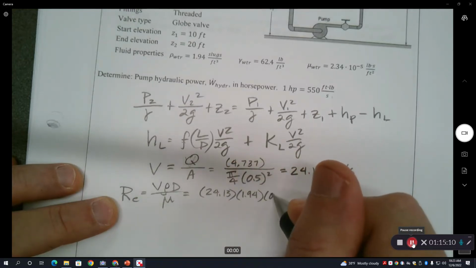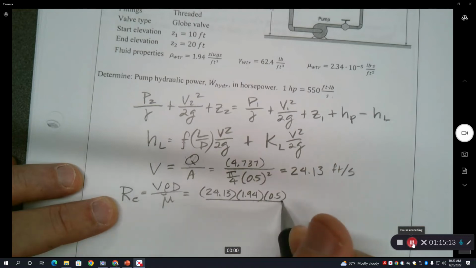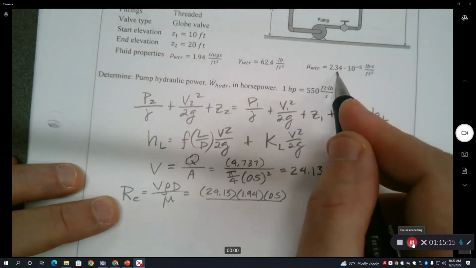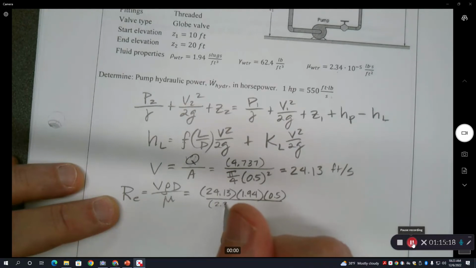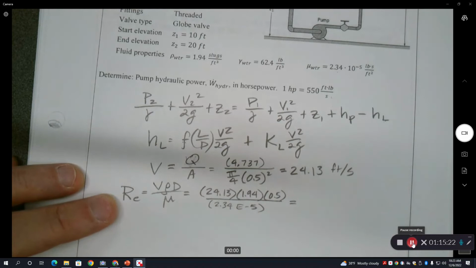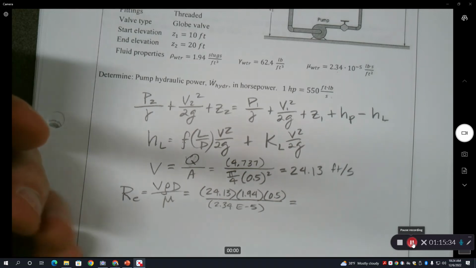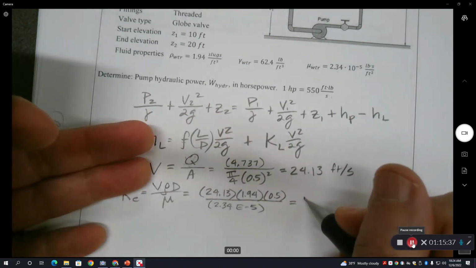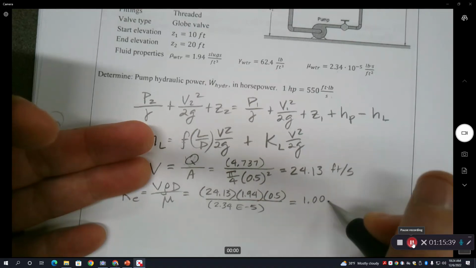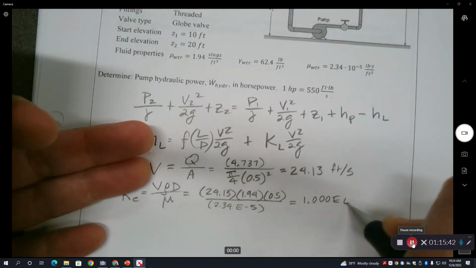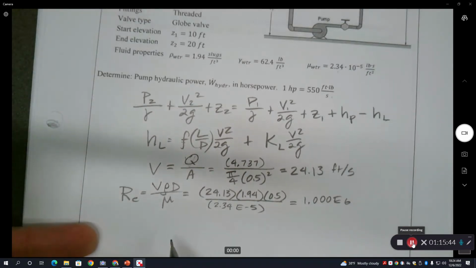The diameter is 0.5, and the viscosity was given right here, so we have to look it up, 2.34 E minus 5. Times that, 0.5 times that, 2.34 E minus 5, we get 1 million. So they try to make that a little easier, I guess.